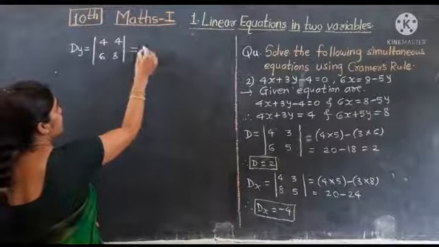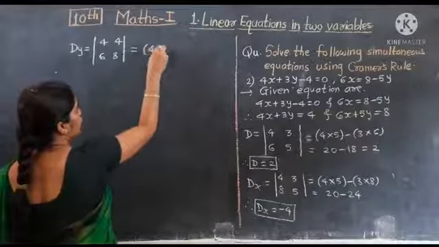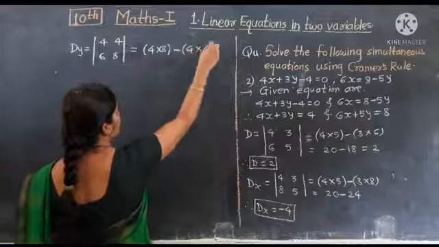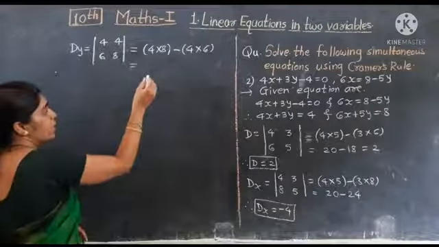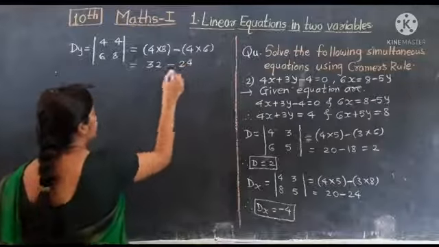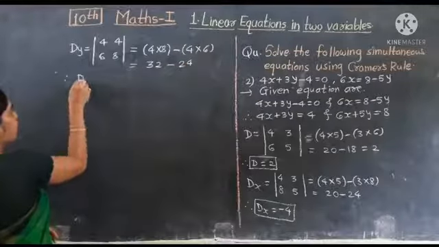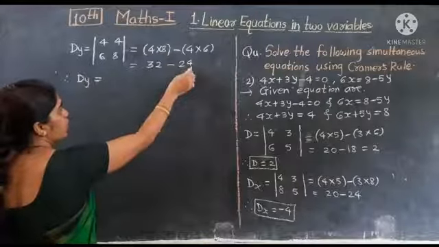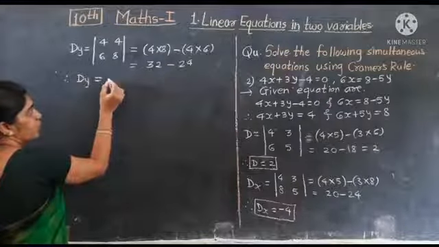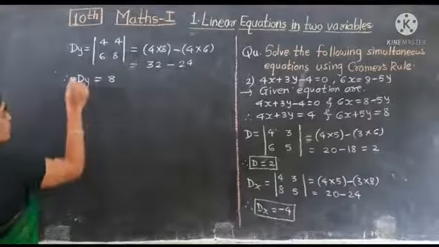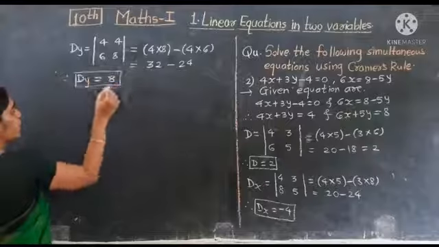So you further simplify: 4 into 8 minus 4 into 6. 8 4s are 32 minus 6 4s are 24. Therefore, we get dy as 32 minus 24 is 8. Okay, we get dy as 8.